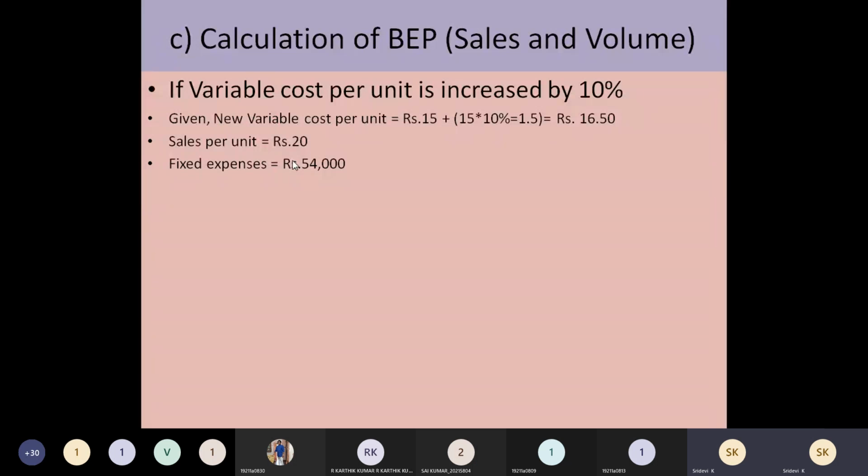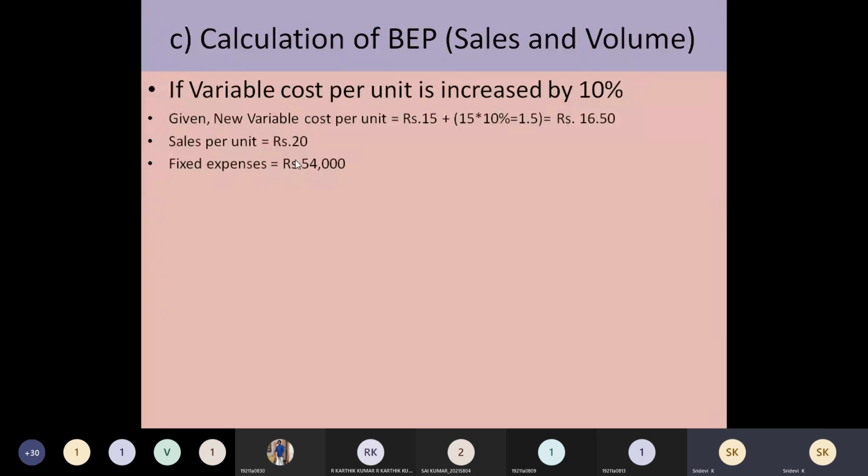But according to the problem, this 54,000 is the fixed expenses. We are not going to take the effect of new fixed expenses; only the old fixed expenses you have to take. Here only students will make mistakes, so while taking those values, you must be very careful. So 54,000. Okay.